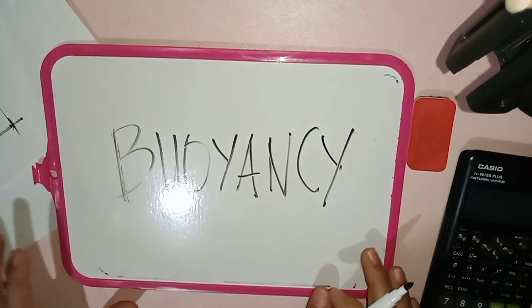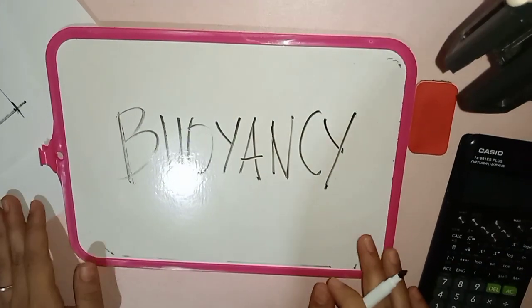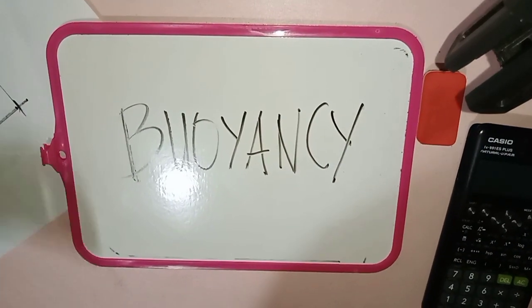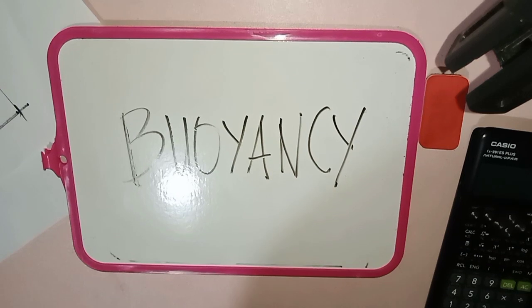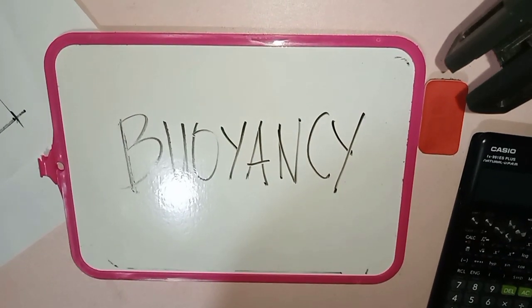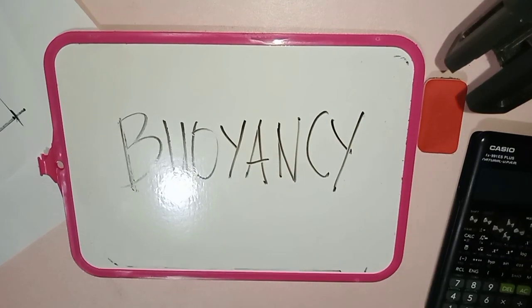Our next topic here is buoyancy. Buoyant force, by the principle of Archimedes: any body immersed in a fluid is subjected to a buoyant force equal to the weight of the fluid displaced.